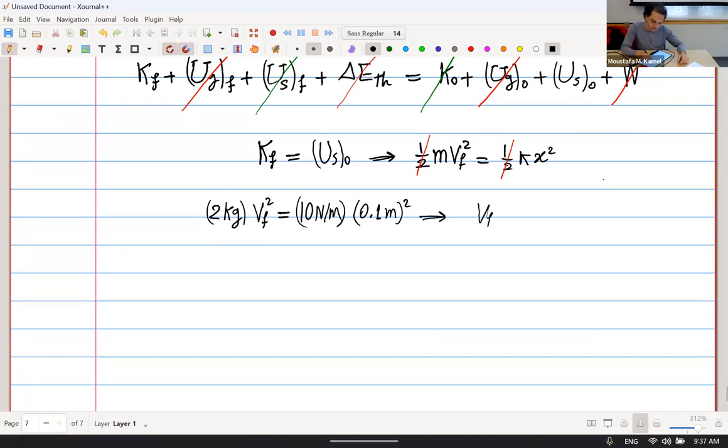This gives me v final squared equal to 10 times 0.1 squared over 2. Can you calculate that for me? I lost my calculator.